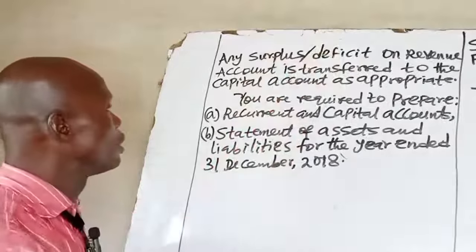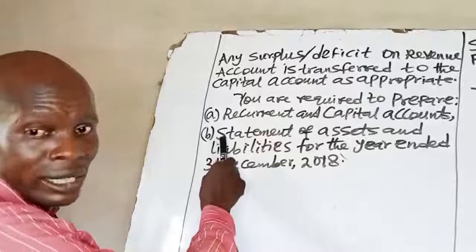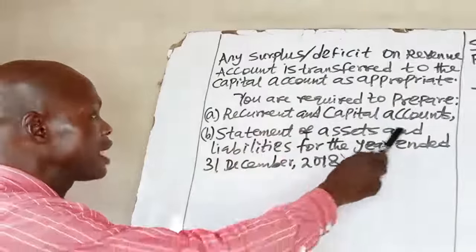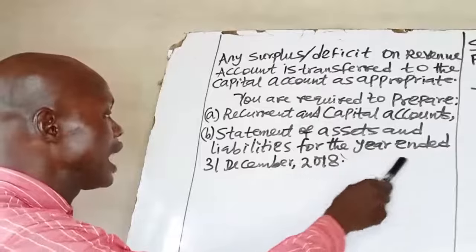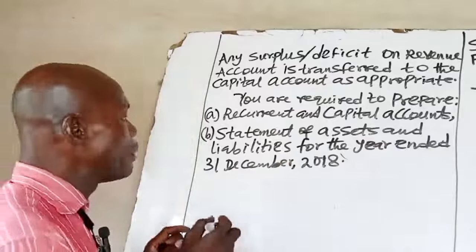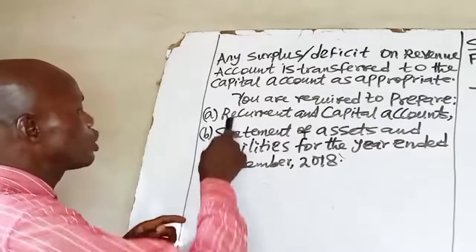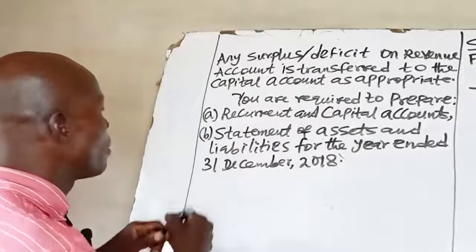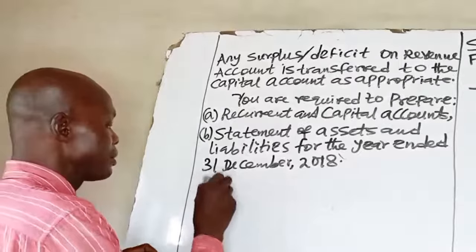You are required to prepare A. Recurrent and capital accounts, B. Statement of assets and liabilities for the year ended 31st December 2018. So when you are preparing recurrent accounts, there are two elements that will be in the recurrent account.